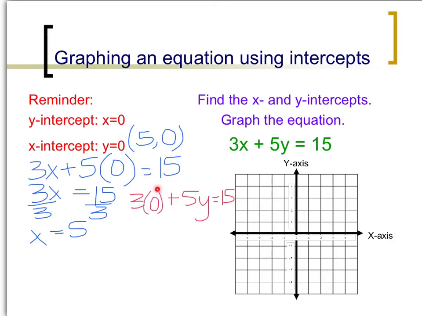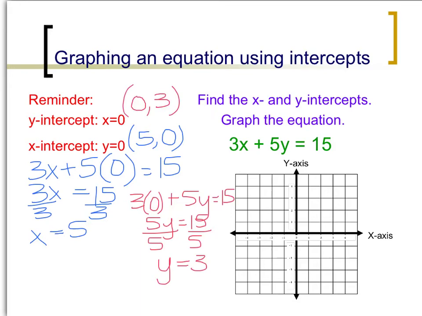Again, 3 times 0 gives us 0, so we will have 5y equals 15. To get y alone, we divide both sides by 5, and y will equal 3. So our y-intercept will have an x-coordinate of 0 and a y-coordinate of 3.